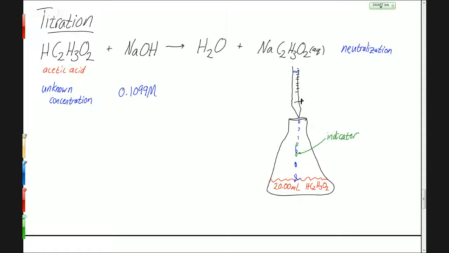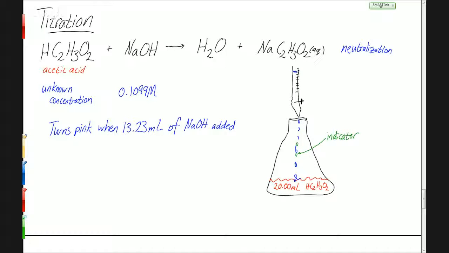And let's say that at that instant it turns pink, 13.23 milliliters of sodium hydroxide are added.